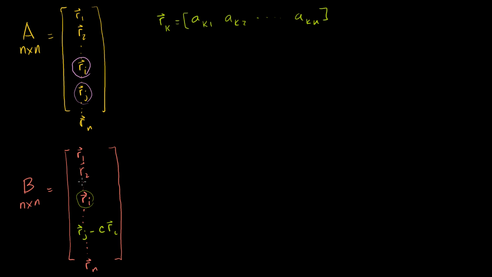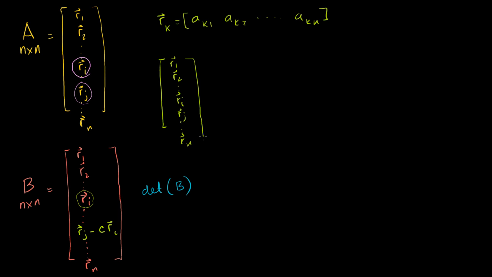So let's think about what the determinant of B is going to be equal to. We'll do it in blue. The determinant of B. Well, you can imagine two matrices. One matrix looks like R1, R2, all the way down, Ri, all the way down to Rj, and then you keep going down to Rn.